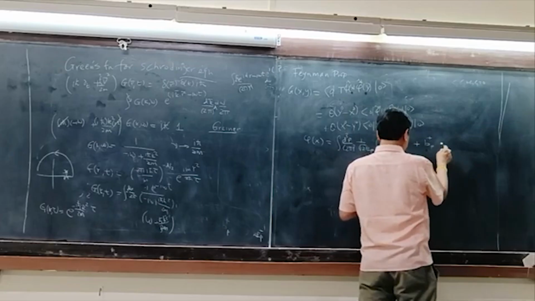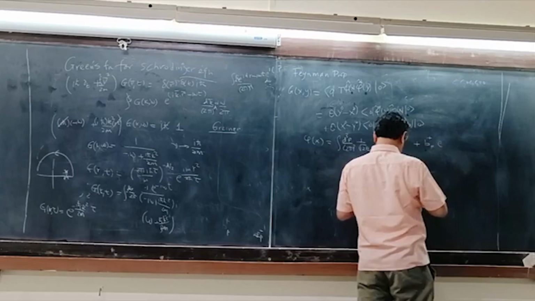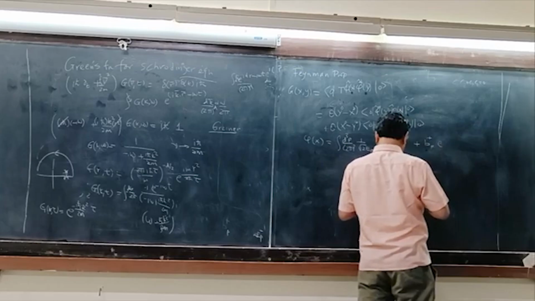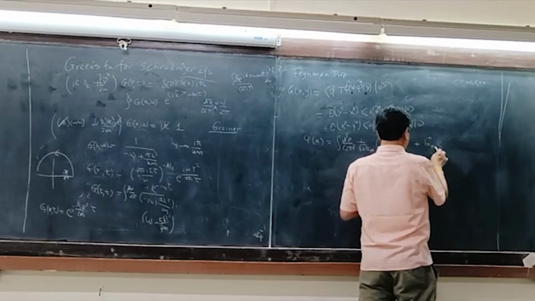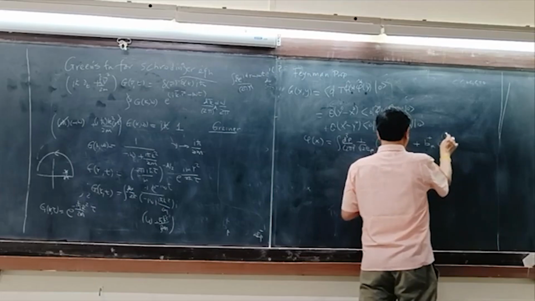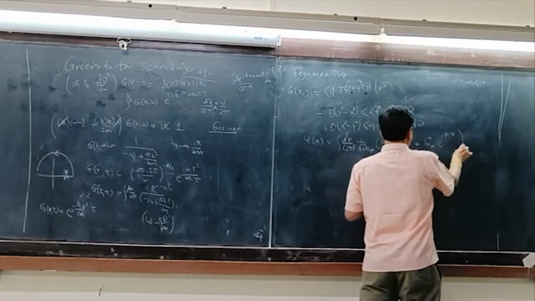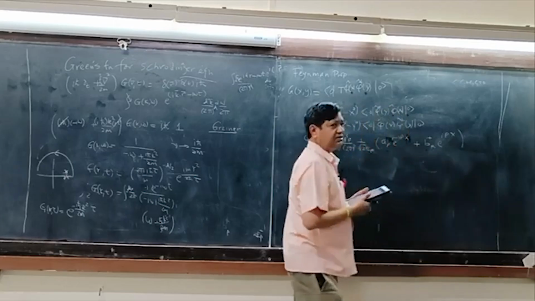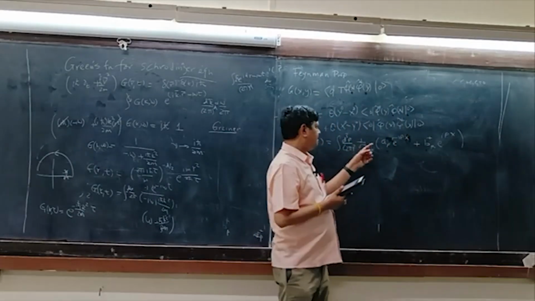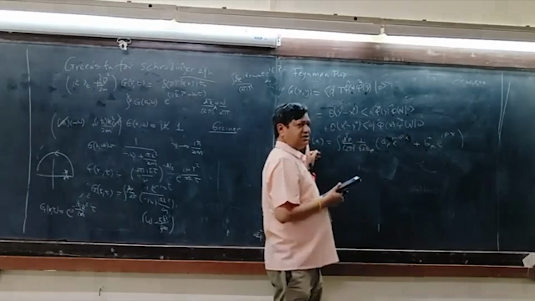So it destroys a particle at p and creates an antiparticle. Okay, so is that understandable?